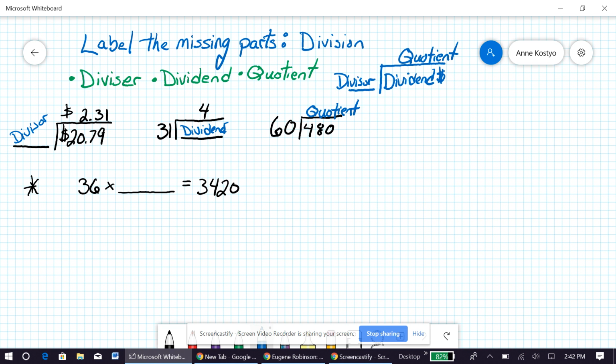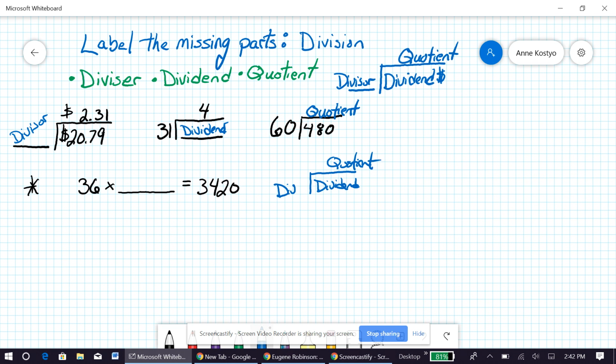So it's not in the same form as we know long division to be in with the division sign. So we have the divisor, the dividend, which is the quotient.